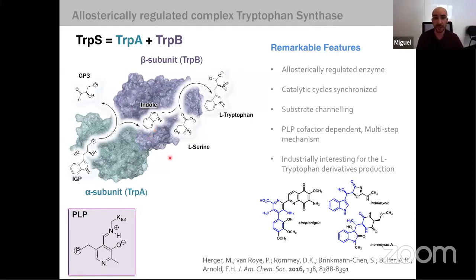The interesting reaction for industrial purposes is the TRPB reaction, because the production of L-tryptophan derivatives is very interesting. But the TRPB reaction is very challenging to engineer because it is PLP cofactor dependent and it involves a multi-step mechanism involving at least 9 steps.